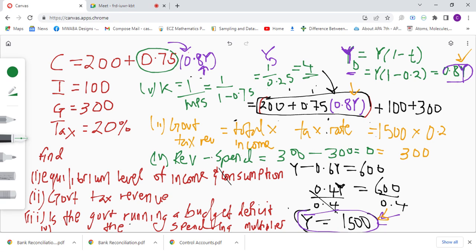As we can see here, if the government is spending 300 million, and we multiply it by our spending multiplier, 300 times 4, we get 1.2 billion.